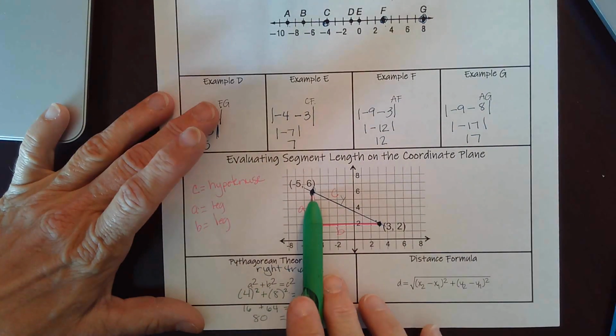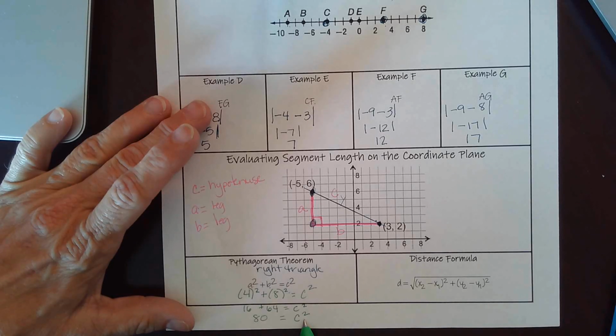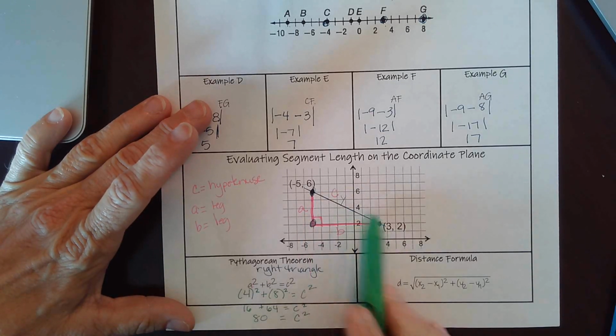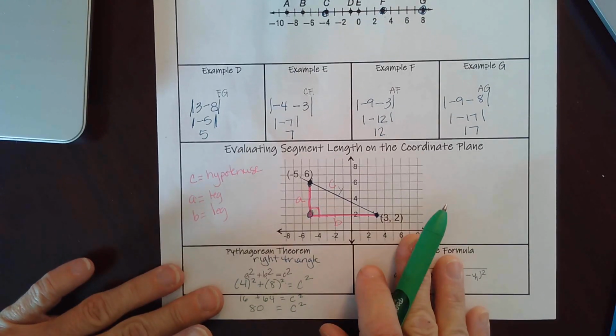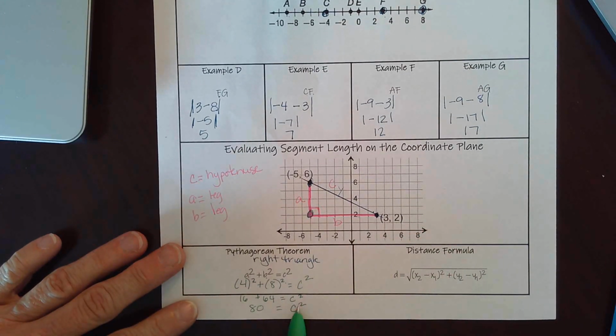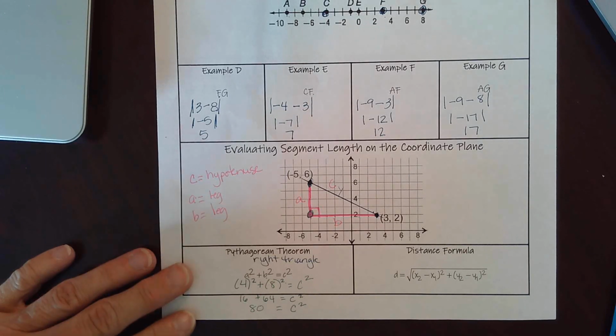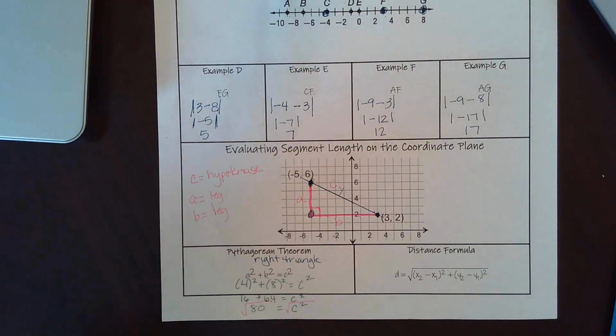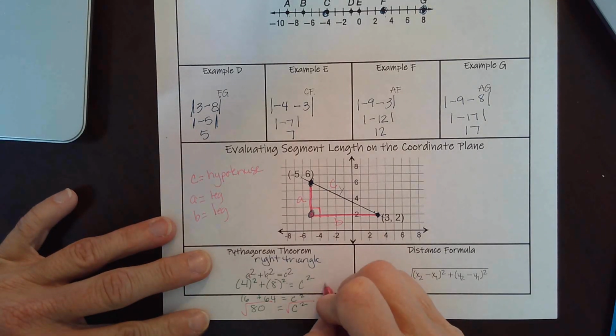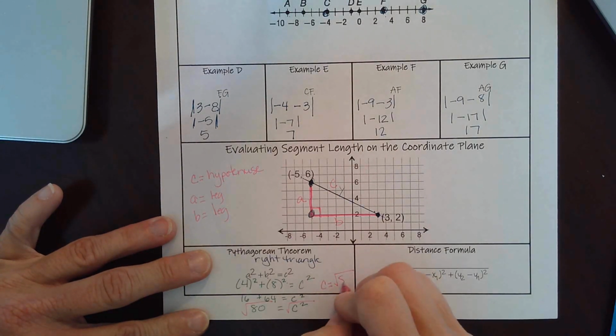Well, the length of the hypotenuse is not c squared. The length of the hypotenuse is c. So to figure out what c is, I need to undo the square by taking the square root of both sides. This gives me c equals the square root of 80.